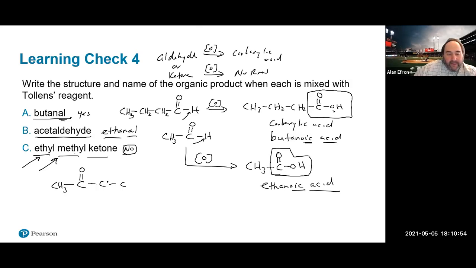And then we put in our hydrogens. And there you go. Ethyl methyl ketone, also known as, 1, 2, 3, 4 carbons, butanone, right? It's the IUPAC name of it. Again, when we would go to oxidize this guy, as we talked about, no reaction with the Tollens reagent, as it will not go through oxidation. Any questions on any of those there?